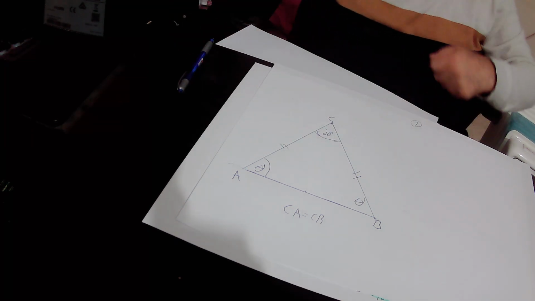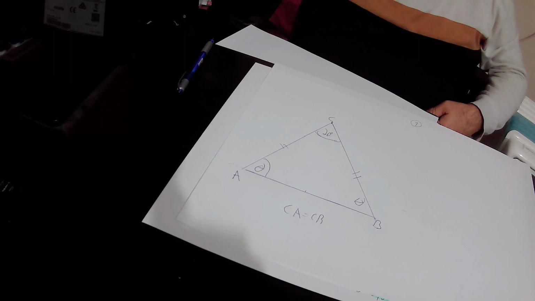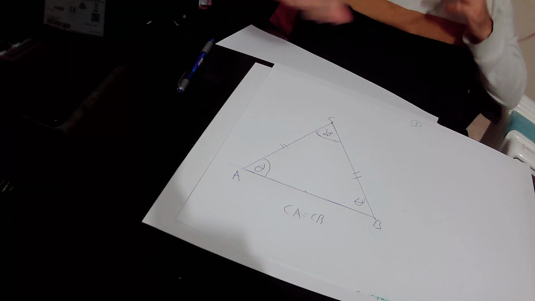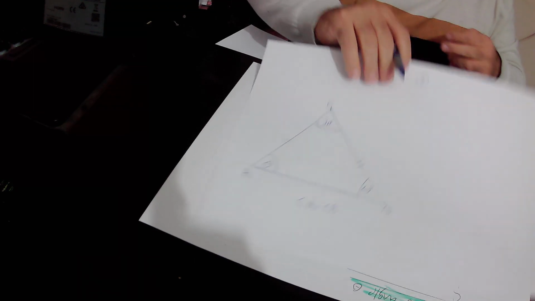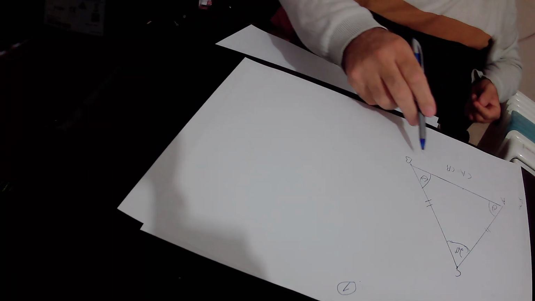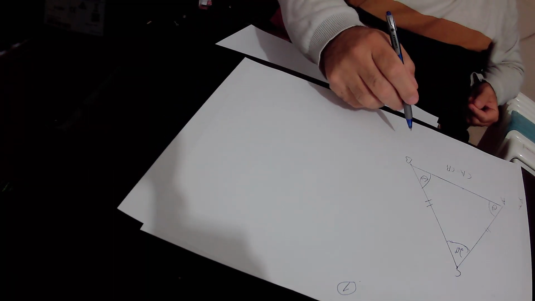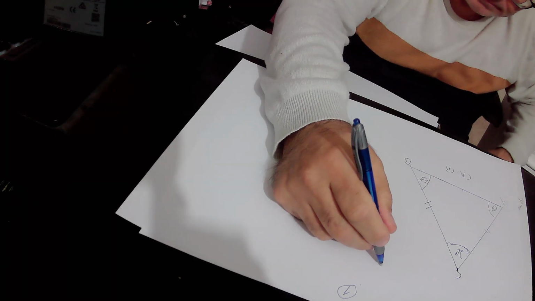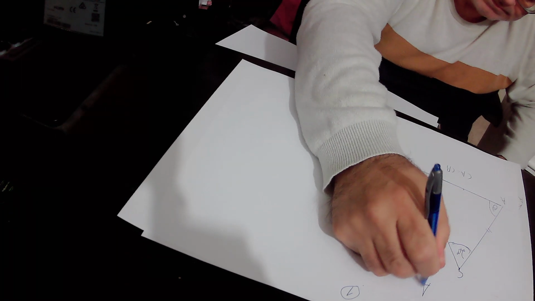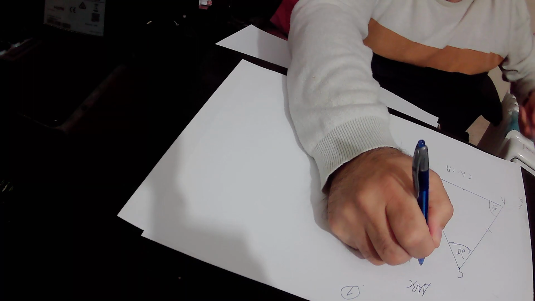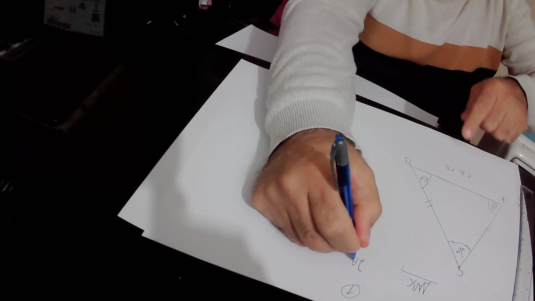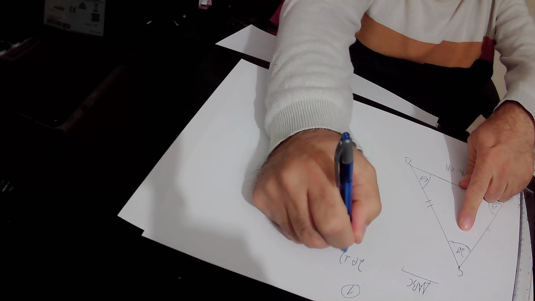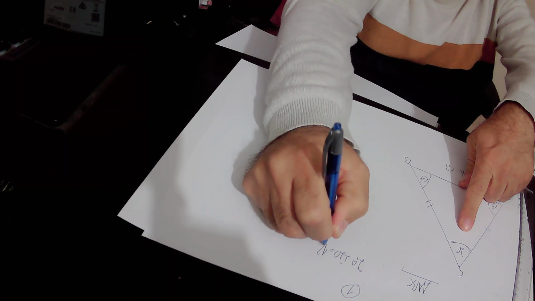And we also know that the sum of the angles in any triangle is equal to 180 degrees. Therefore, the sum of the angles in triangle ABC is theta plus theta is 2 theta. Two theta plus 20 degrees must be equal to 180 degrees.